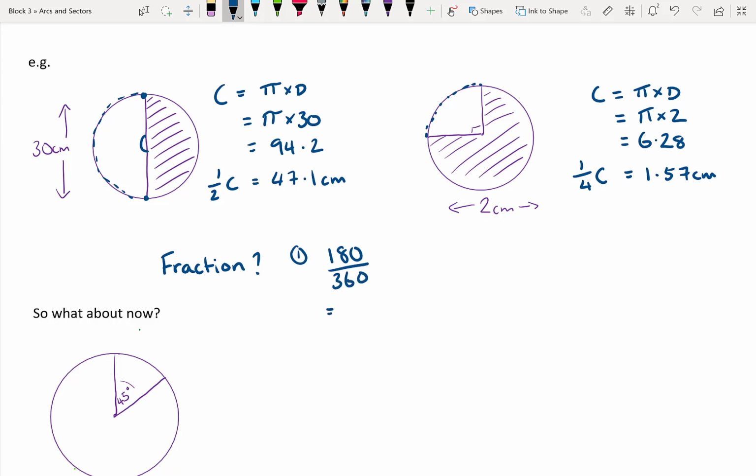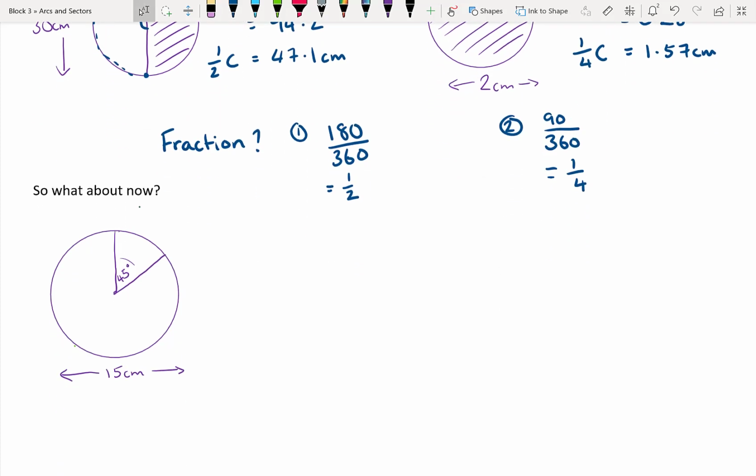When we simplify that fraction, we get a half. On my second example, the section I was interested in had 90 degrees out of the 360 in a circle, and we simplify that fraction to be a quarter.